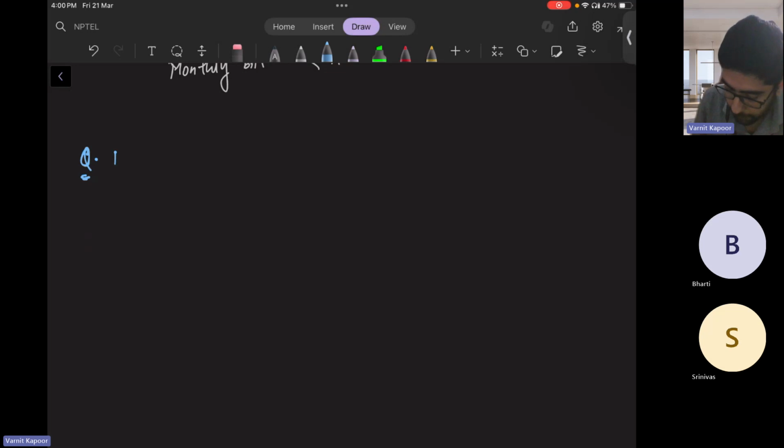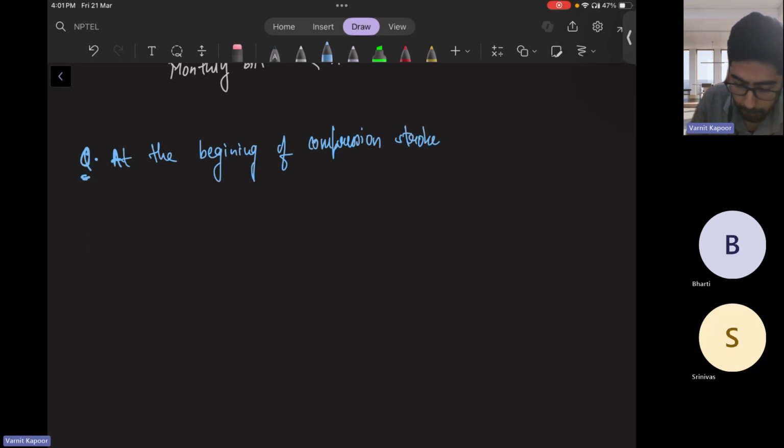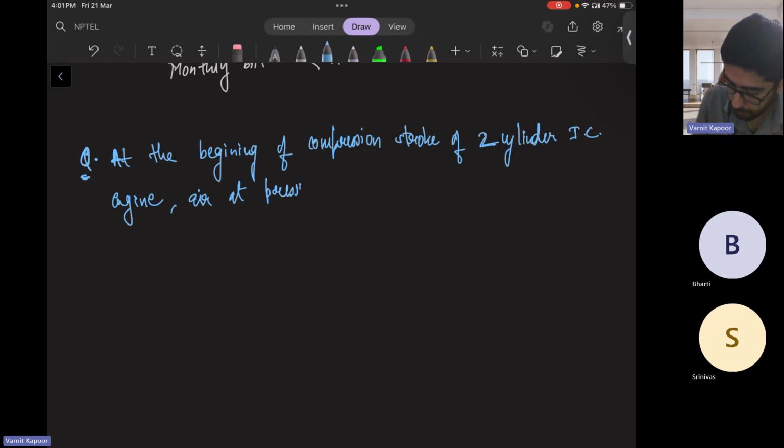At the beginning of the compression stroke of a two-cylinder internal combustion engine, air is at a pressure of 101.325 kilopascals.